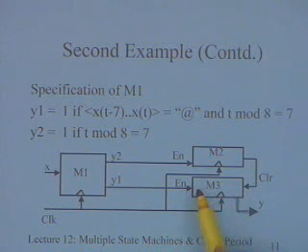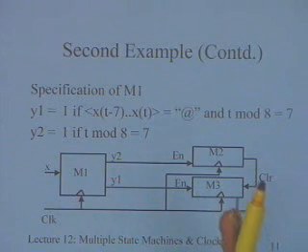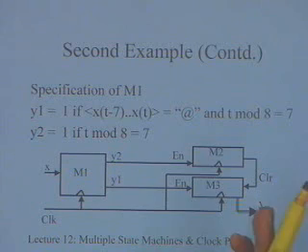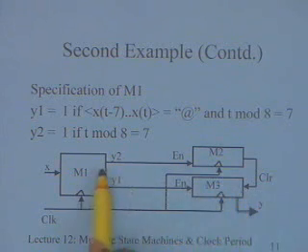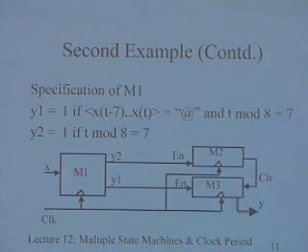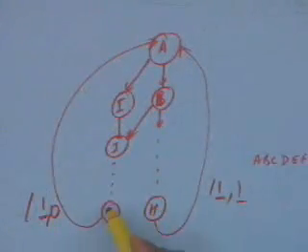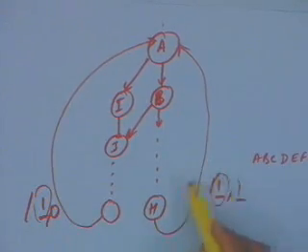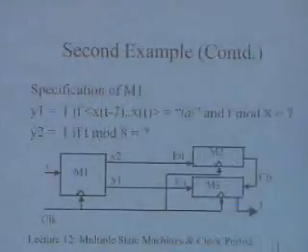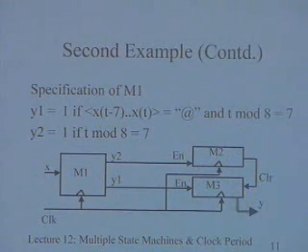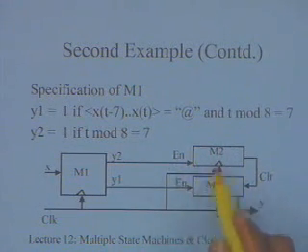But this counter has to be initialized, because we are looking at blocks of 256 characters. So each time I reach 256, it needs to be initialized. I can do this each time I reach the last state. Each time I receive this, I generate this signal, which gives an input to M2, and M2 is enabled and is going to count with the same clock.